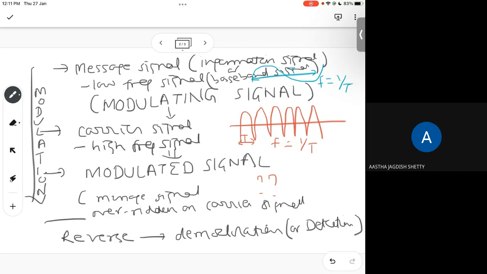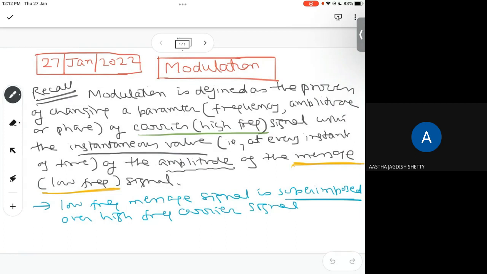Okay. Now, how the modulated signal will look, I'm not drawing it right now because that depends upon what parameter I'm changing. As I said, I could change one of the parameters of the carrier signal, either amplitude, frequency, or phase. If I change the amplitude, it gives rise to the amplitude modulation. If I change the frequency, it gives the frequency modulation. If I change the phase of the carrier, it will give rise to the phase modulation. But for the message signal, we always see the amplitude part only.